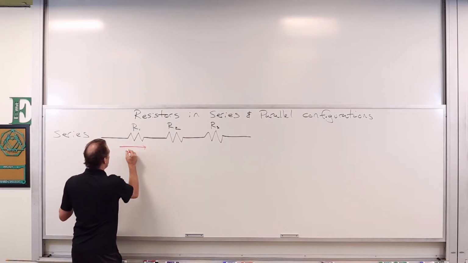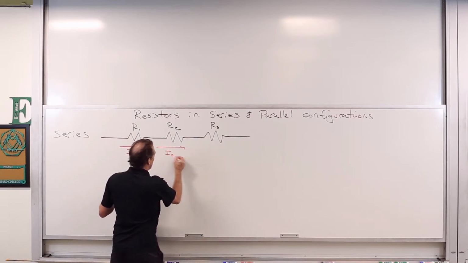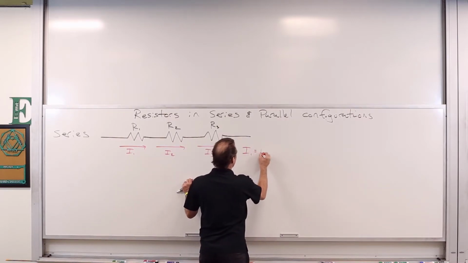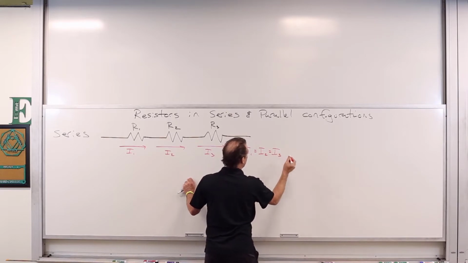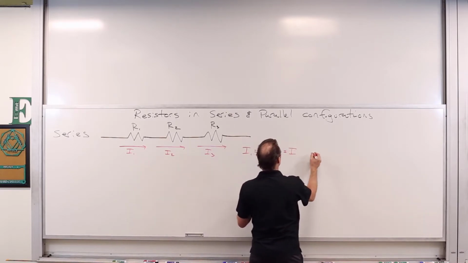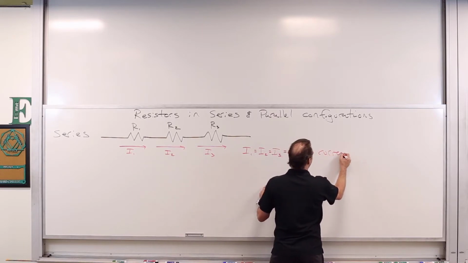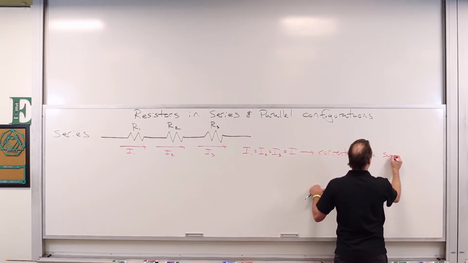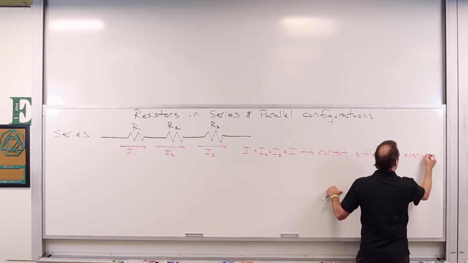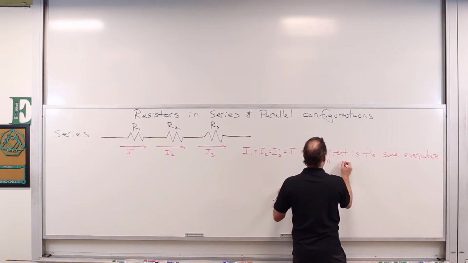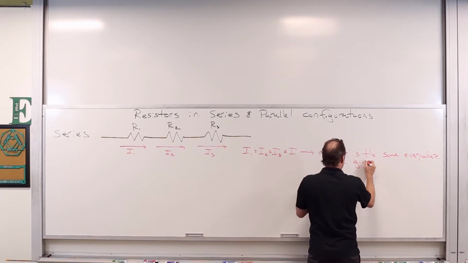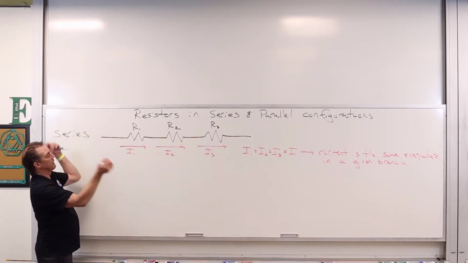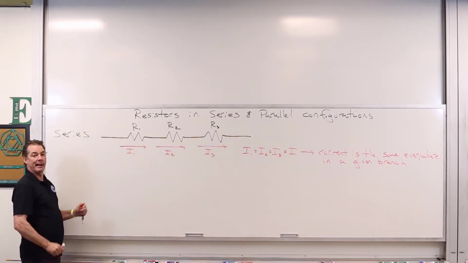I1 is equal to I2 is equal to I3 is equal to I. Current is the same everywhere in a given branch. This is assuming that this is hooked up to some source potential and things of that nature.